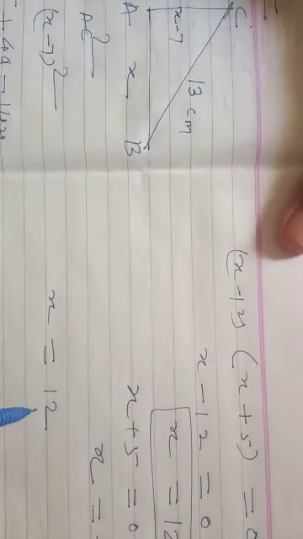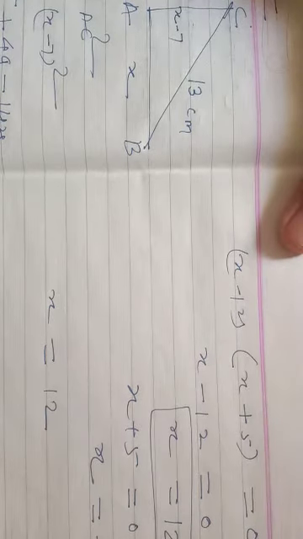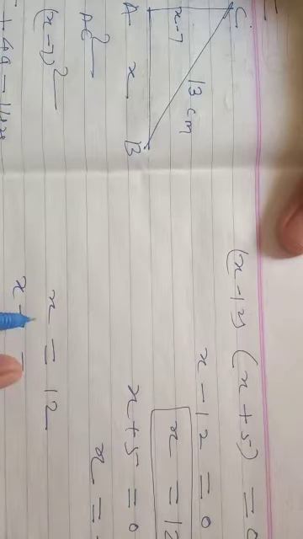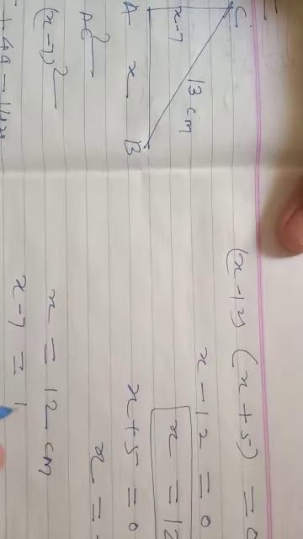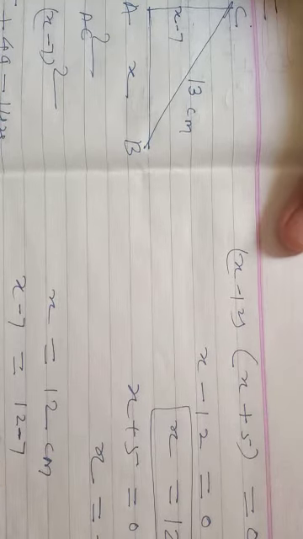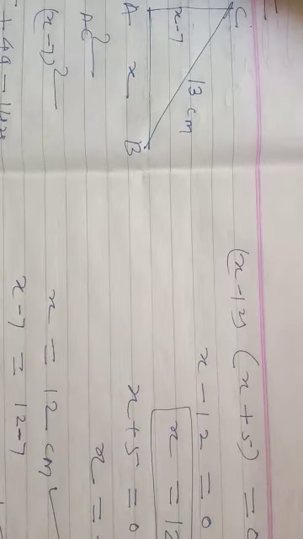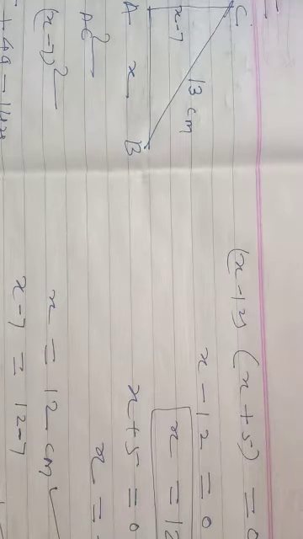So base is 12 centimeter and altitude is x minus 7, which is 12 minus 7 is equal to 5 centimeter. Okay, the answer is 5 centimeter and 12 centimeter, and you can check your answer easily.